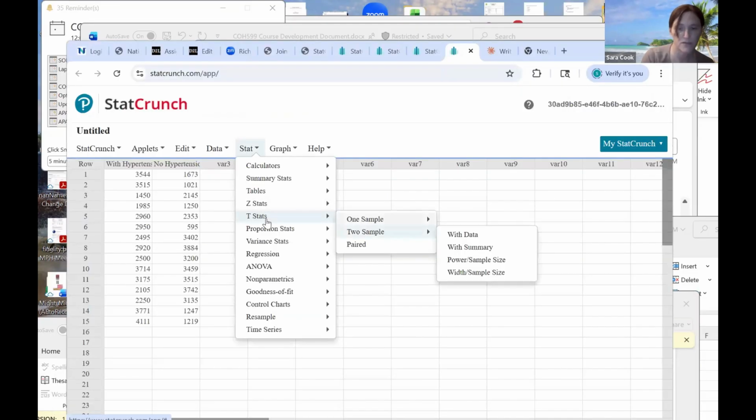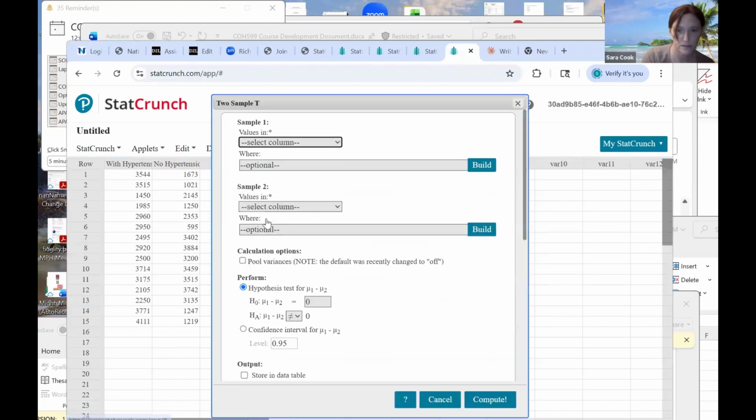Just like we were able to do a confidence interval and a one sample t-test, we can actually do that right here. And you can see there's two different tasks we can perform. There's a hypothesis test and there's a confidence interval for the difference between the two means. I'm going to do it in the order that it was in the problem.